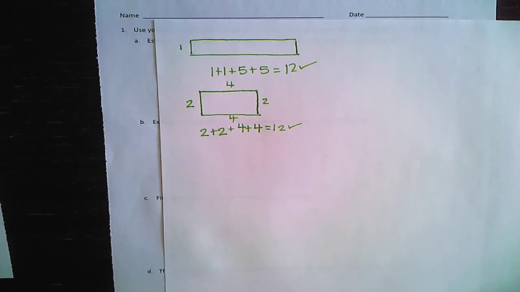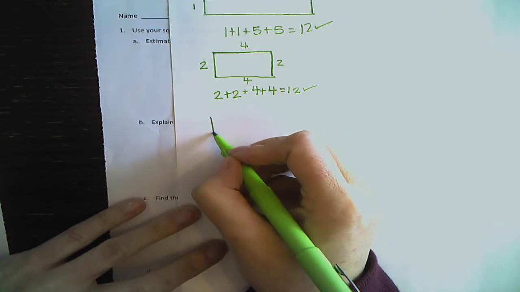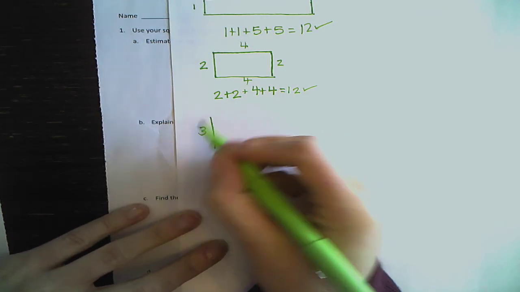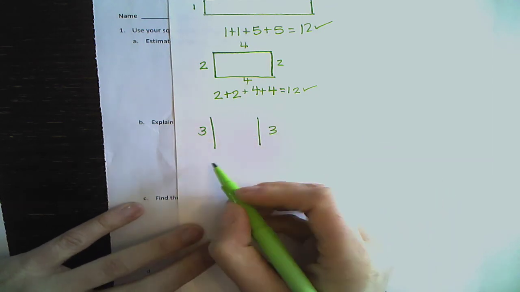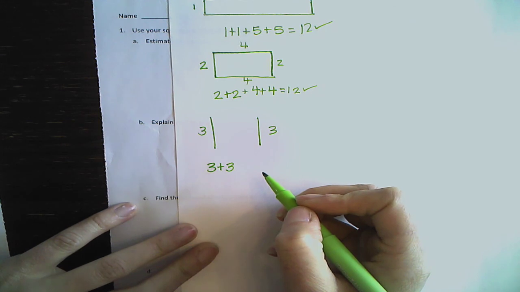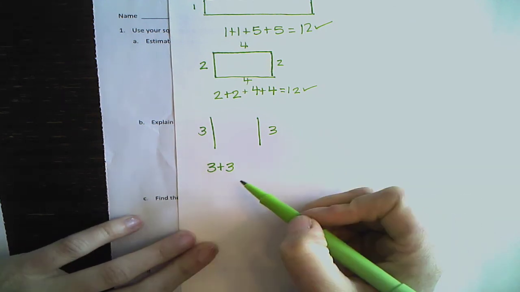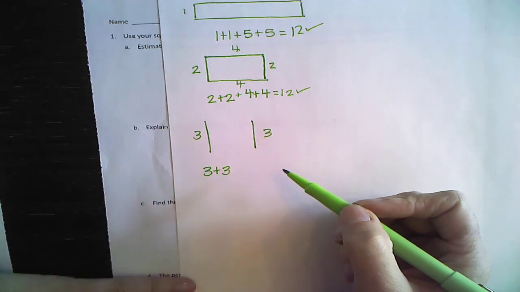Look at that. Okay, is there a way to do 3? I don't know. Let's try it. Okay, so if I have 3 down here, and I'm going to have 3 on this side. What's 3 plus 3? Say it out loud. Yeah, 3 plus 3 is 6. What can I add to 6 to get to 12? See, now you're just on a roll.